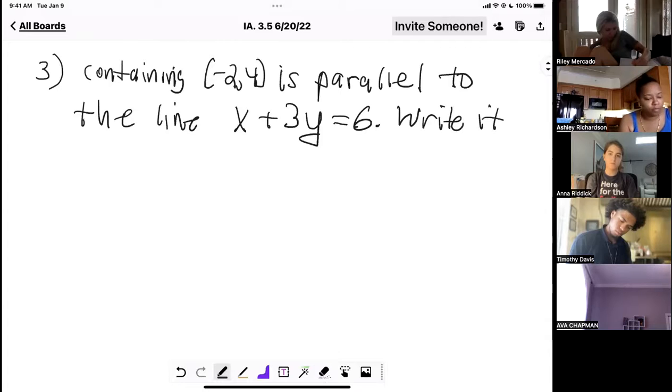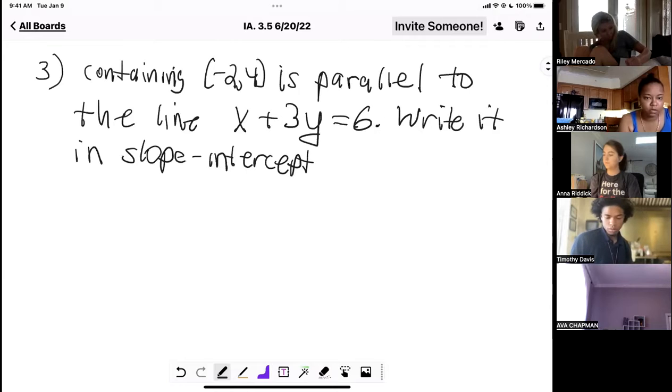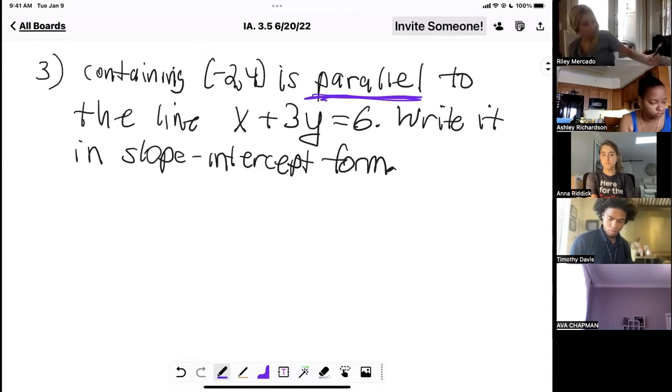Write it in slope intercept form, because now they're going to ask you to write these in all different forms. First hint, parallel, same slope.